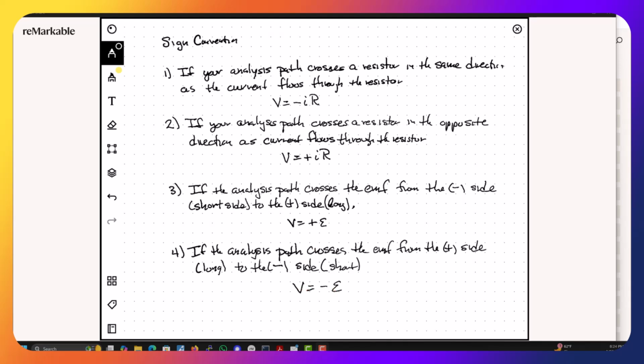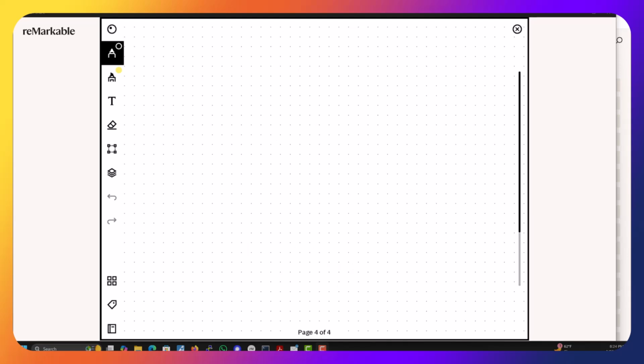Let's do another problem. This one's going to have a junction in it. So, a fancier problem.